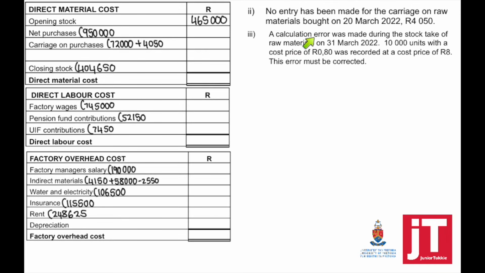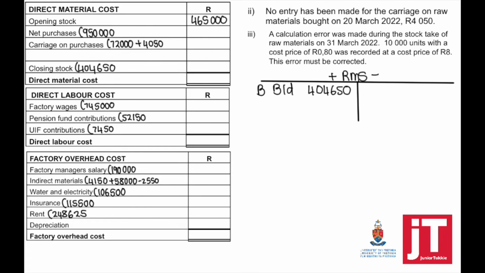Then, a calculation error was made during the stock take of raw materials on 31 March 2022. 10,000 units with a cost of 80 cents was recorded at a cost price of 8 Rand. The error must be corrected. This means we need to adjust the closing stock.